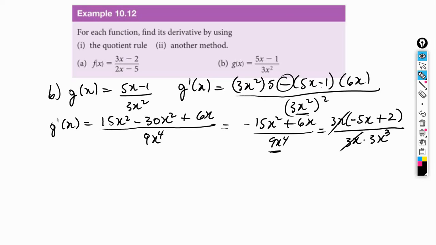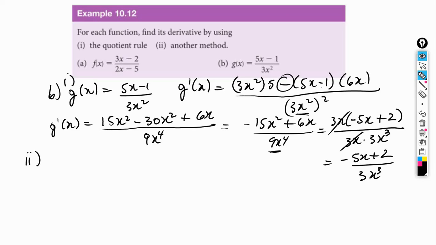And if we cancel this out, we arrive to the answer, which is going to be minus 5x plus 2 divided by 3x cubed. So this was method number 1 using the quotient rule. So another method. So what would be another method for g of x?